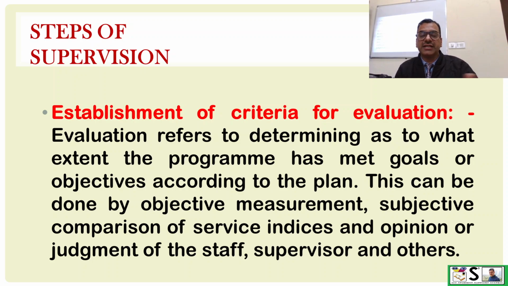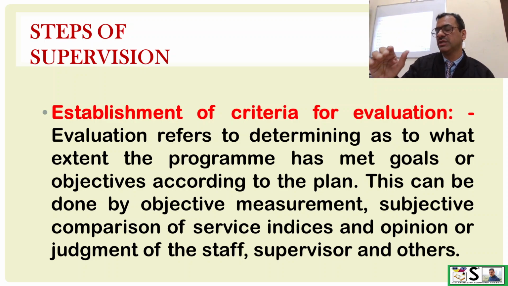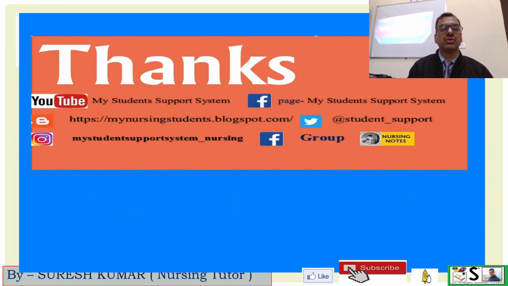Then again, establishment of criteria, like what the goals are, what points we will check, what activities we will check, and what the main points are on which we will give the markings to the subordinates, that we will decide. So these are known as the steps of supervision.